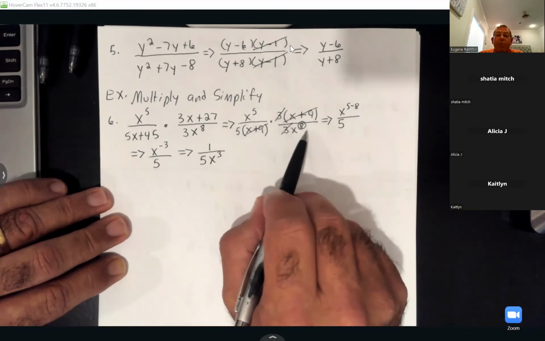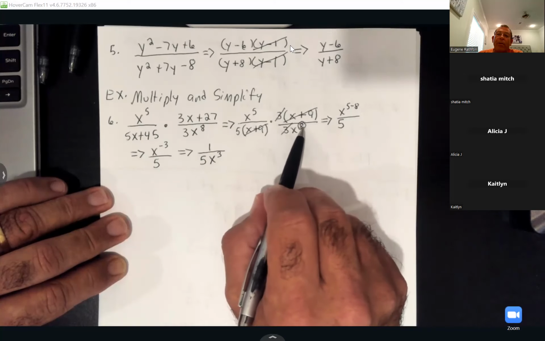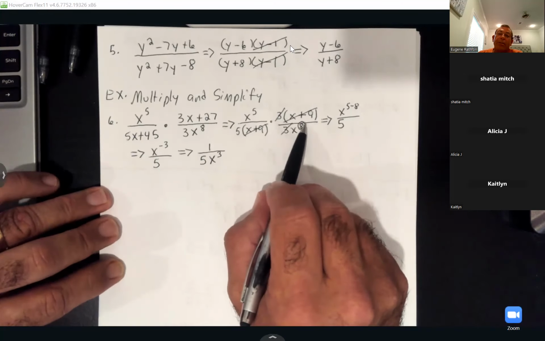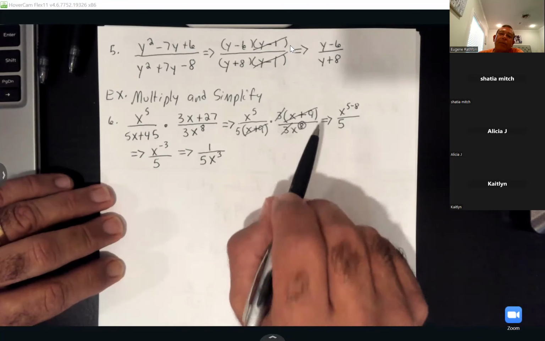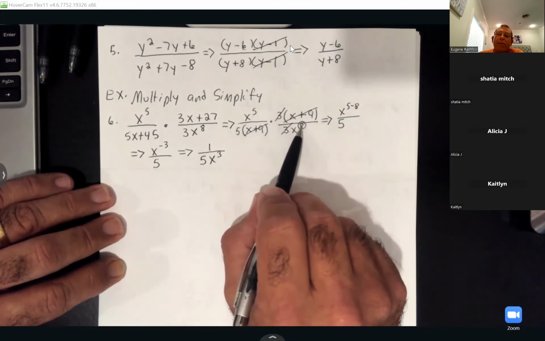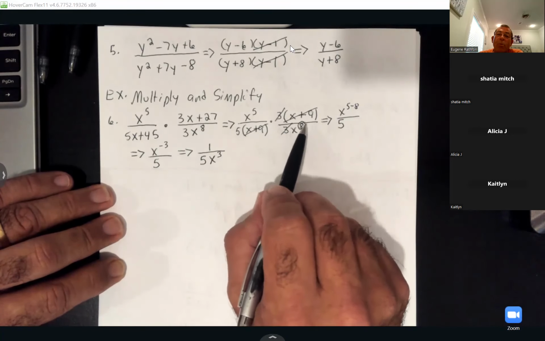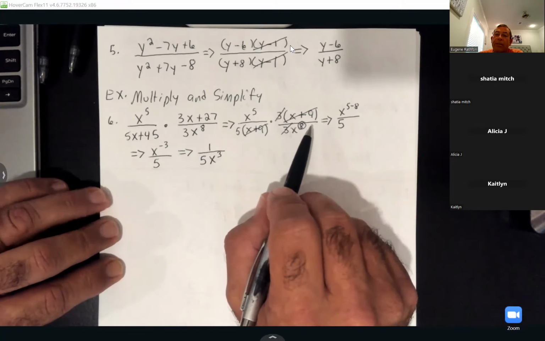So 8 minus 5 would have left me at 3. So then I would have had an x to the 3 in the bottom, and my exponent would have been positive. So the trick really is to subtract the smaller exponent from the larger exponent, and the variable will stay where the larger exponent was at.